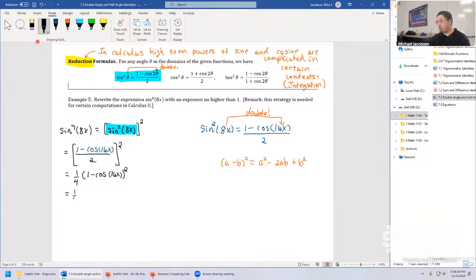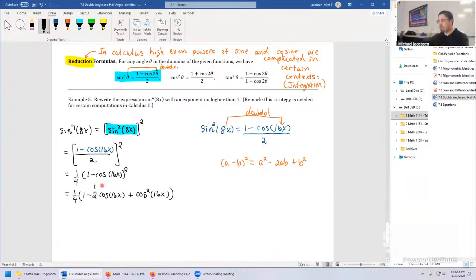And this comes out as 1/4 multiplying first 1 times 1 for a 1. Then we FOIL b, 1 times negative cosine 16x, but you get 2 copies of that. So altogether, negative 2 cosine 16x. Then the b squared is just taking negative cosine 16x multiplying by itself to get positive cosine squared 16x.